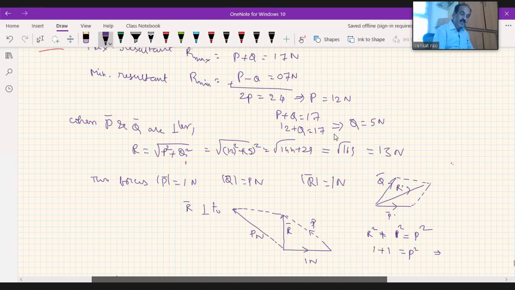That implies P equal to root 2, because this is 1. This is already 1, 1, Pythagoras theorem, hypotenuse is root 2.